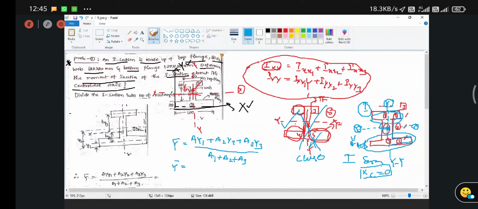So I have divided it into three rectangular sections. The first area is this one, 20 by 100. If you want exact visibility, I will clear all these things.